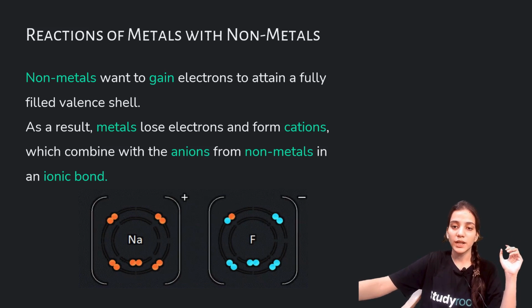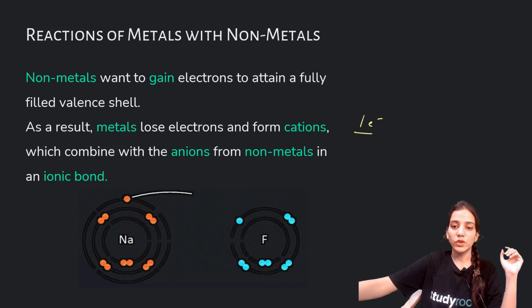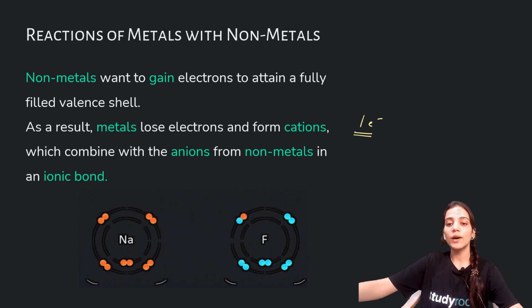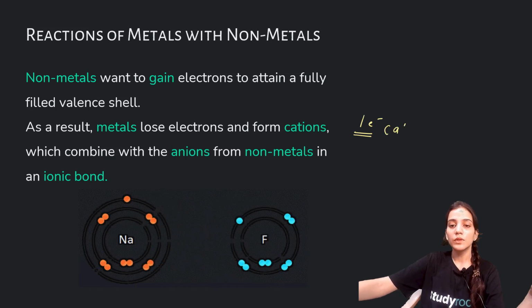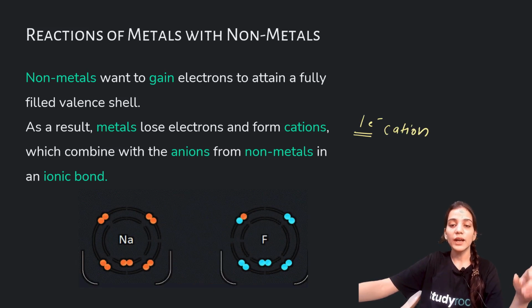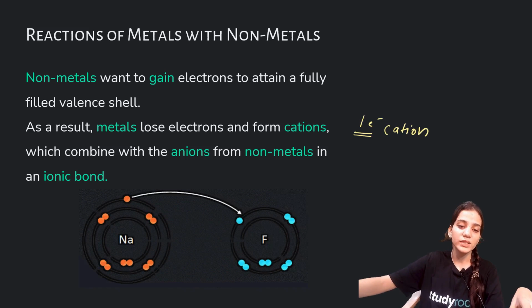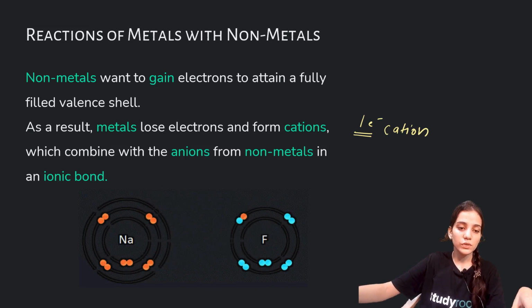Suppose the metal has lost that one electron present in its valence shell. Now it will form a cation, which combines with the anions from non-metals, and these cation and anion together will form an ionic bond as shown in this figure.